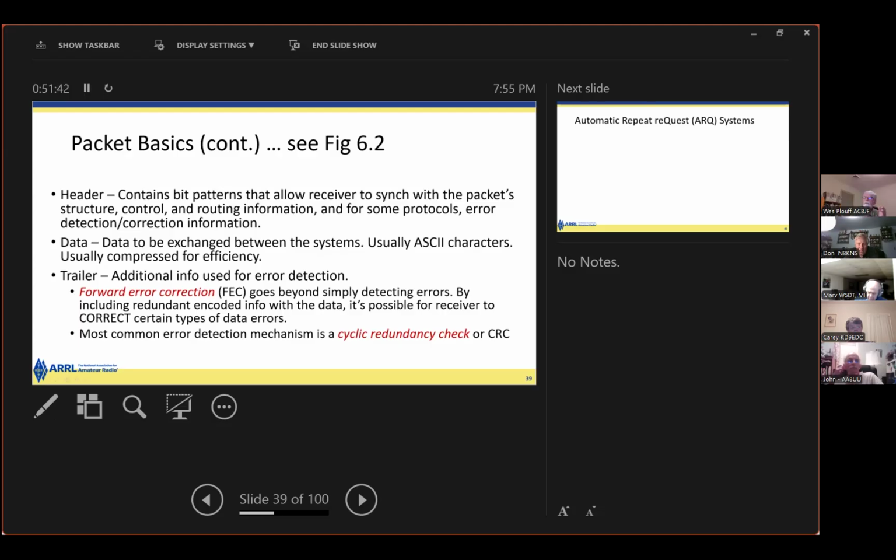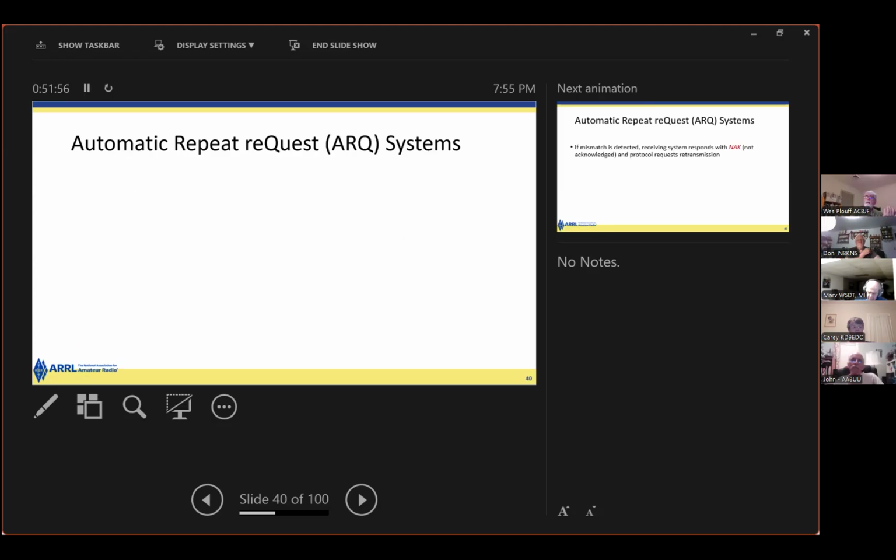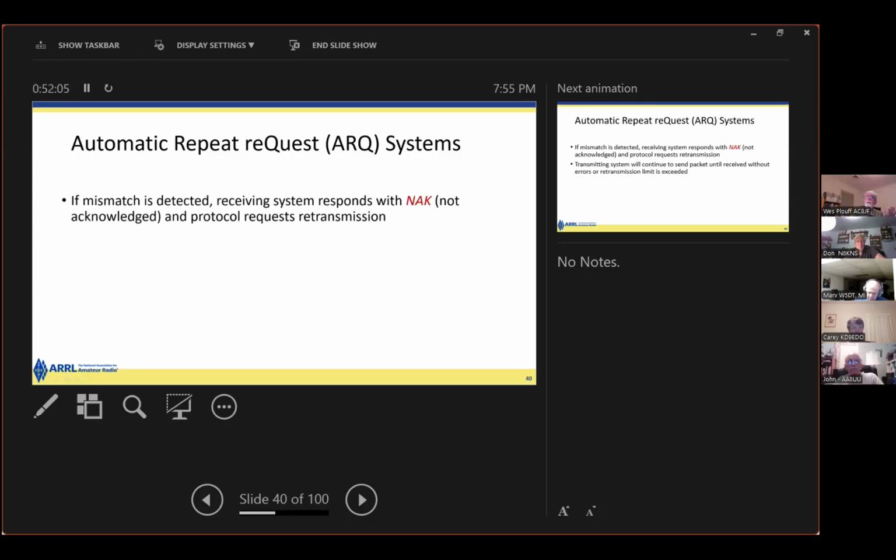And usually what happens when you detect errors, we'll get into this, is the receiving station sends a message back saying, try again. So we're going to get into automatic repeat request, or ARQ systems, which automates this process.